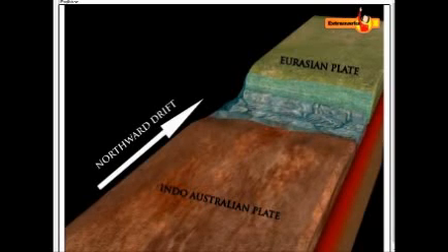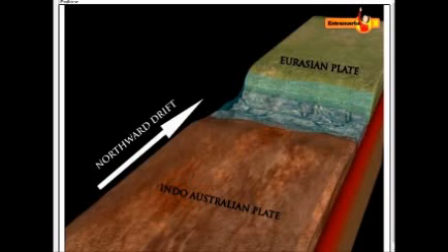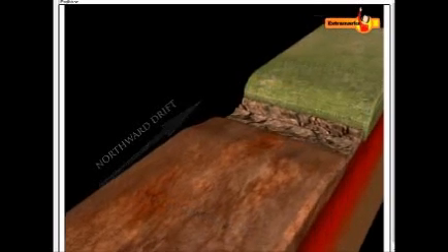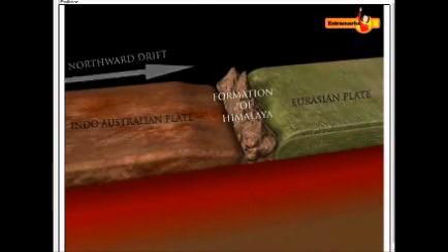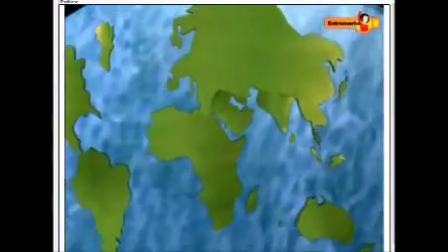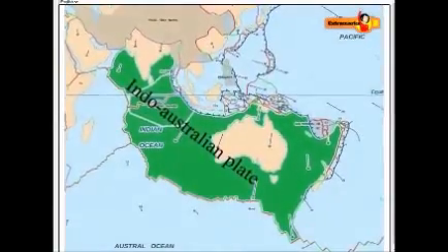Due to this collision, the sedimentary rocks which were accumulated in the geosyncline known as the Tethys were folded to form the mountain system of the Himalayas. The Indo-Australian plate was moving at about 15 centimeters a year at the time of the collision.